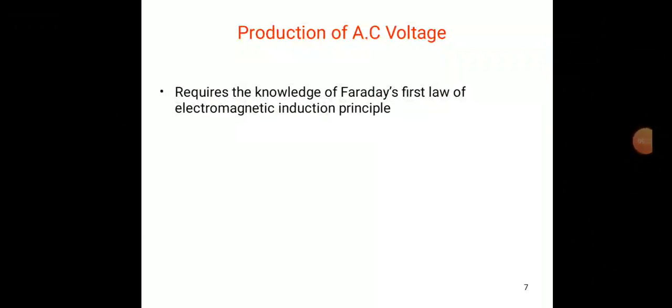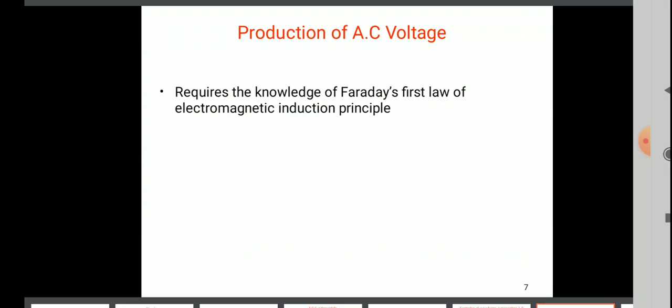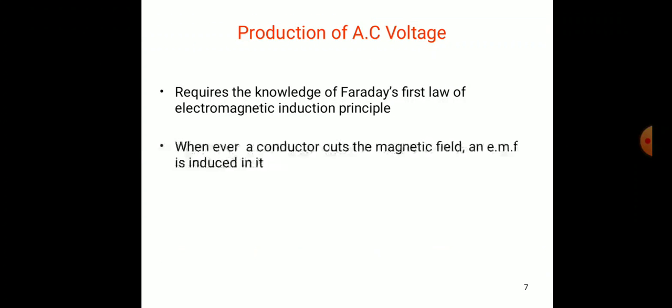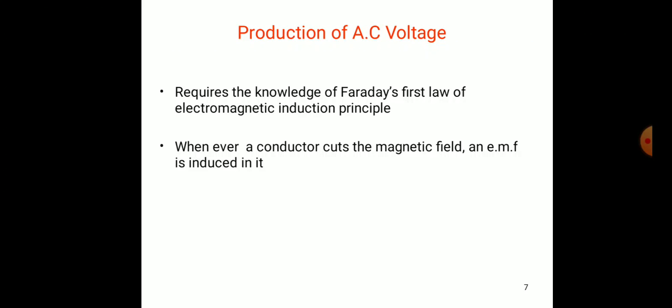Production of AC voltage. We are discussing this one. So whenever a conductor cuts the magnetic field, an EMF is induced.